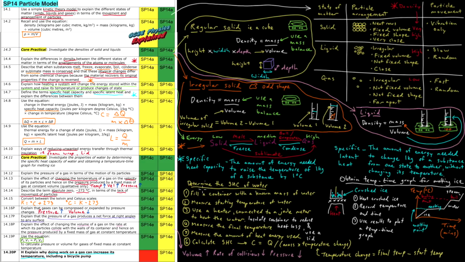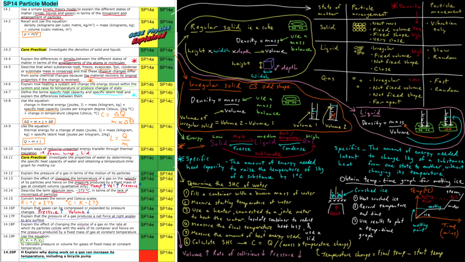So, here's how to determine the specific heat capacity of water. You'd need to fill a container with a known mass of water. And for another mark, measure the starting temperature of the water. For your 3rd mark, use a heater connected to a joule meter to heat the water.